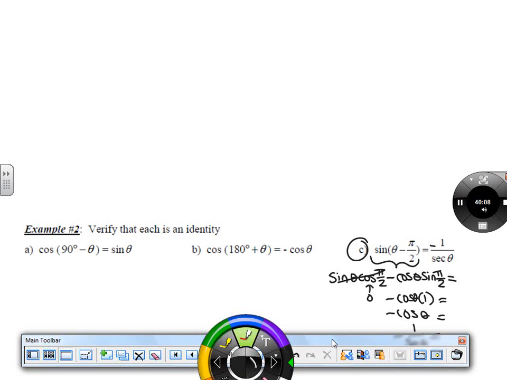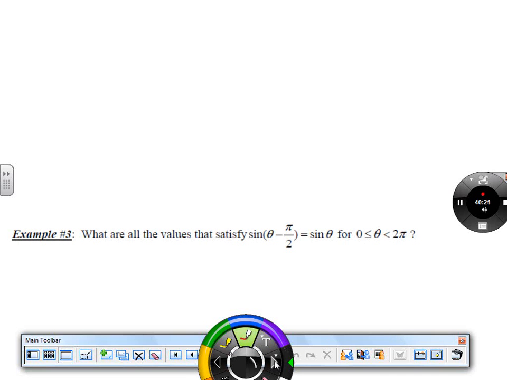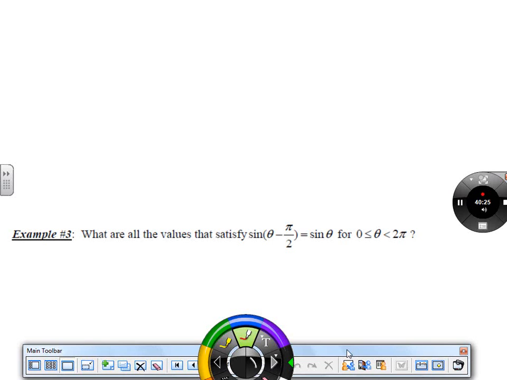All right. So the other way we're using it is doing the same thing that we were doing before, but with a new tool. Now when we see two angles being added or subtracted inside a sine, cosine, or tangent, we can expand it out and then keep working with it. The last type of problem that you're going to see on your homework is really to prepare us for what's coming up.